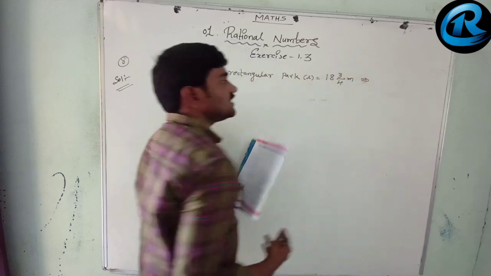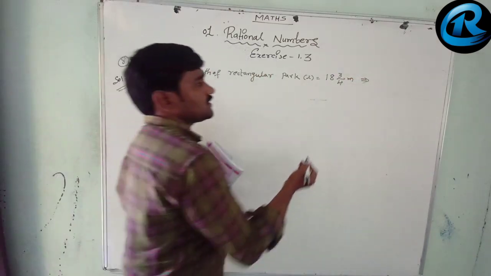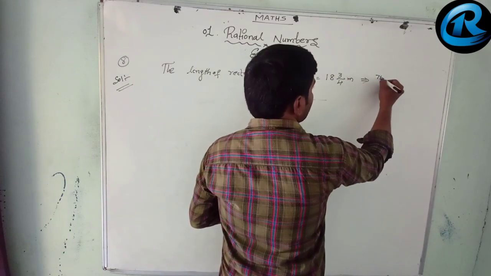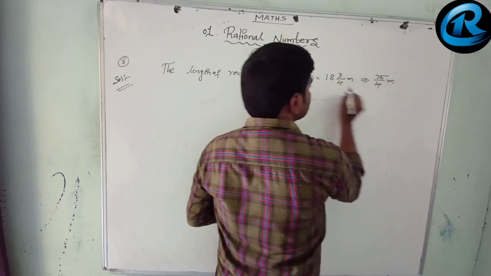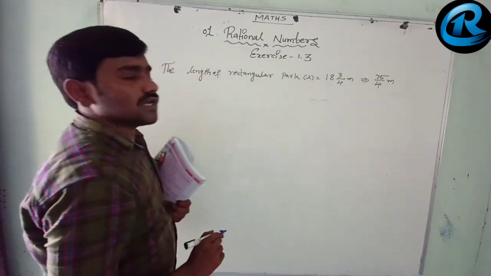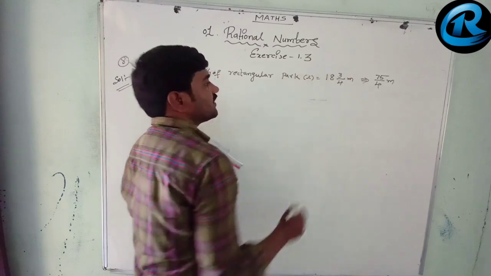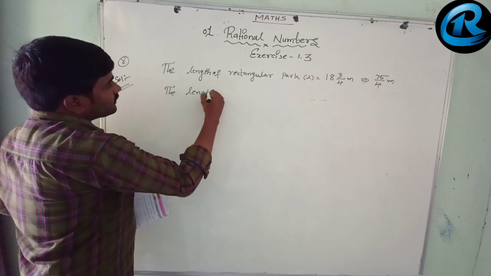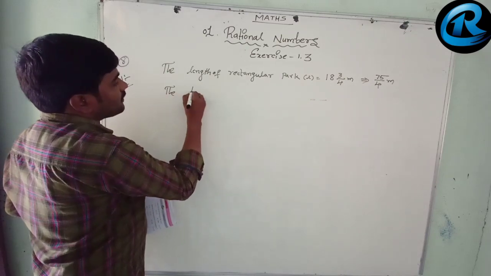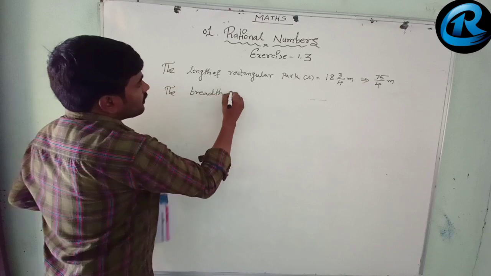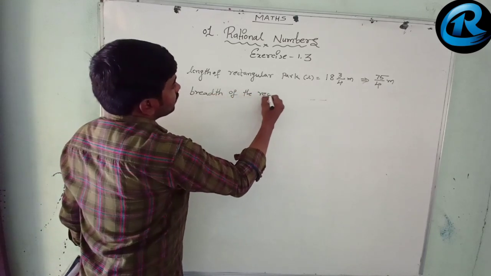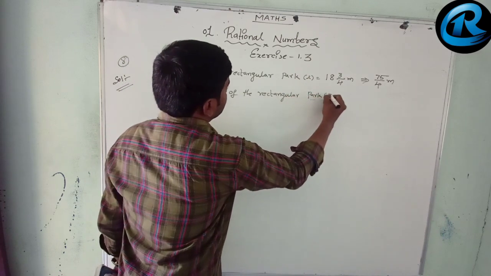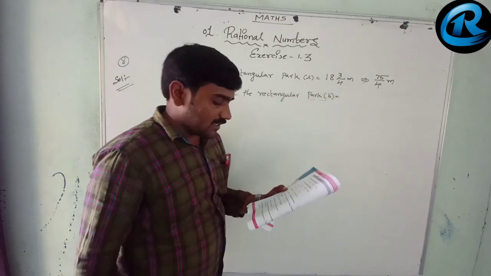We change this into an improper fraction. 18 4s are 72 plus 3, 75 by 4 meters. And the breadth of the rectangular path B, what breadth is given?